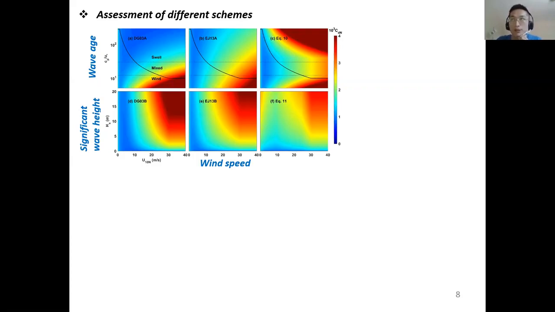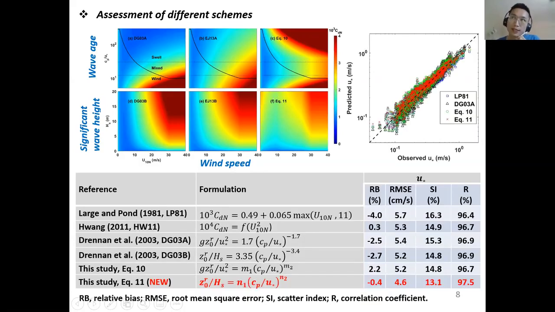By comparison, the important feature of the new scheme in panel F, based on this equation 11, is that it is the only one to have the enhanced drag coefficient at low winds. And then we compare the observed values of friction velocity with the predicted values using different schemes.